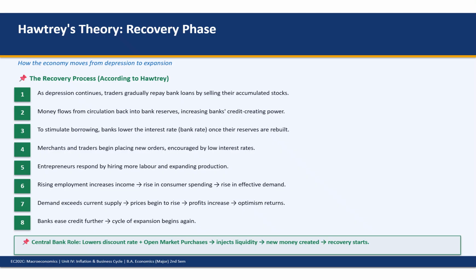First, the traders will start repaying their bank loans by selling the stocks they have accumulated earlier. As money flows back into the banks, their reserves improve and their credit creating power increases. This is important because banks can now lower interest rates again.